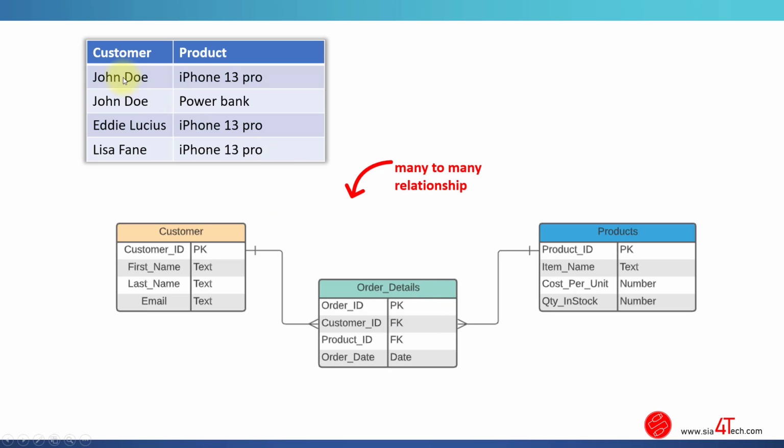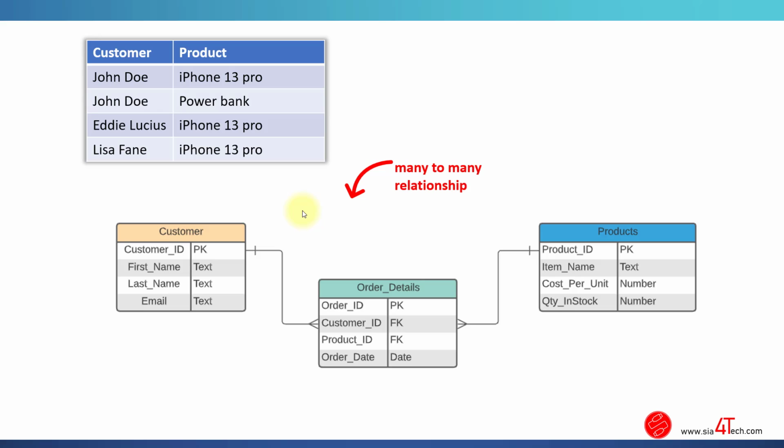In this example, we have John Doe, and we have one customer who purchased different types of products. So this is one-to-many. But when the same product has been purchased by different customers, this is one-to-many on the other side. That's why we have a many-to-many relationship.